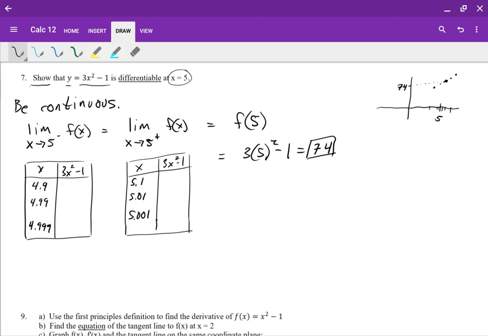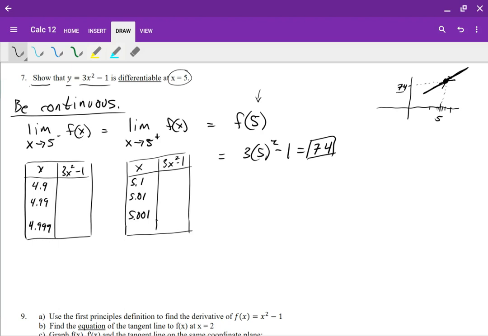So as you get closer to 5, the function gets closer to 74, and as you get closer to 5 from the other side, the function gets closer to 74. And then when you're there, the function is 74, which indicates that you have a continuous line right there at 5.